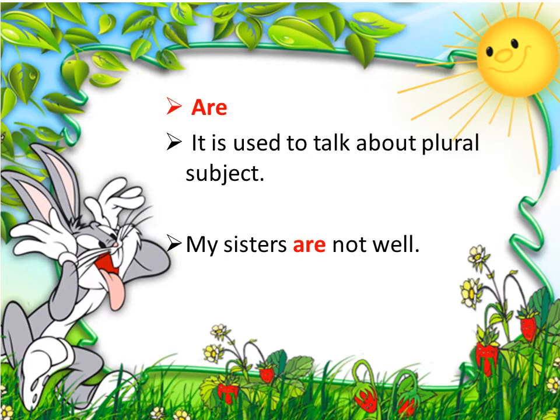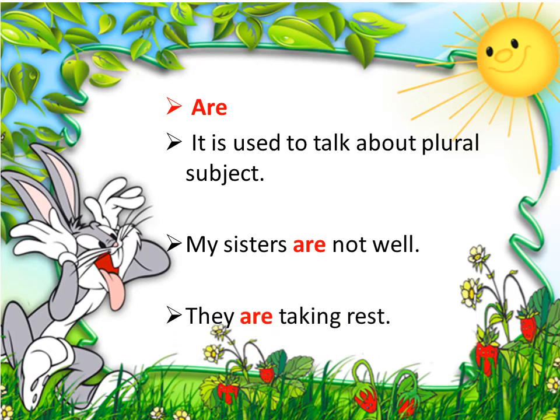So here in this sentence, I'm talking about my sisters. So I need to tell the condition and the subject is plural. So whenever we have a plural subject and we have to tell present condition of something or someone, we use are as a helping verb.